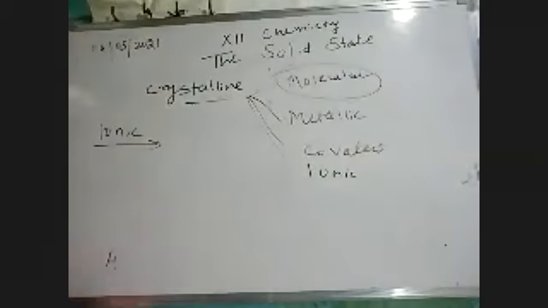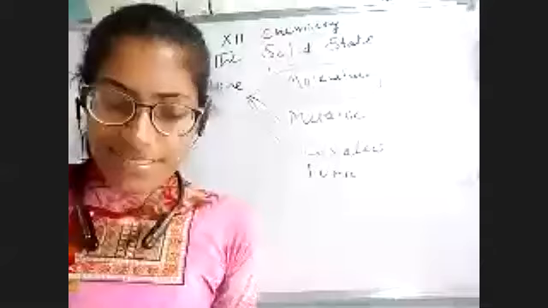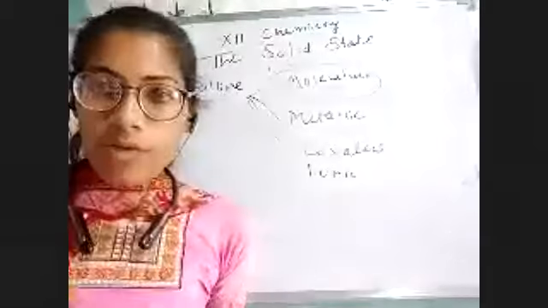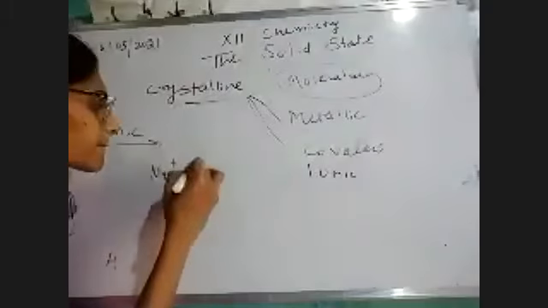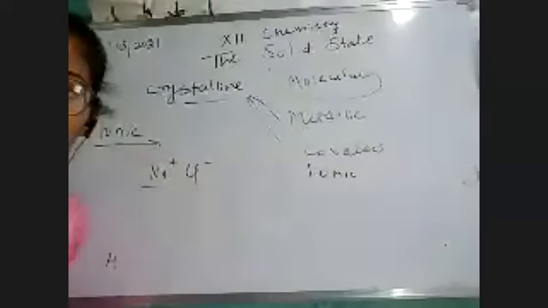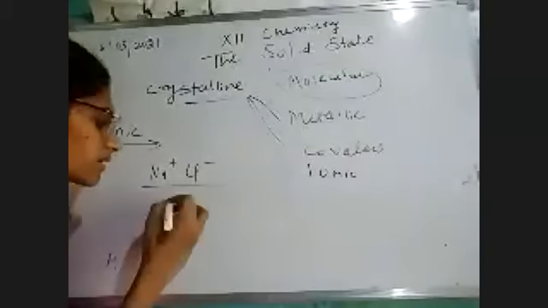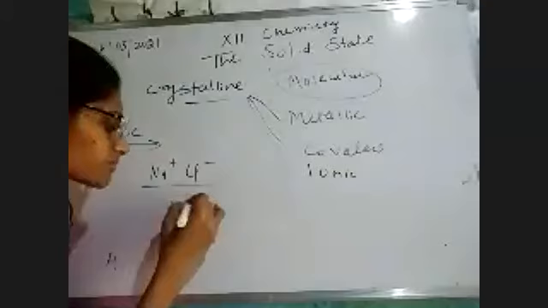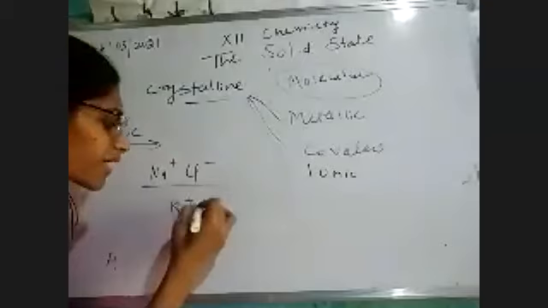The name suggests the constituents must contain ions. High melting point rather than the molecular solids. The molecular solids have very low melting point, but these have quite high melting point.